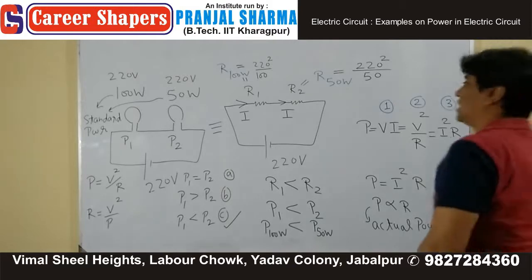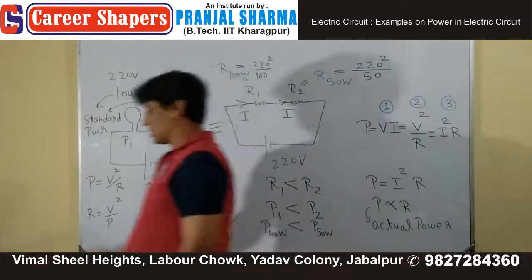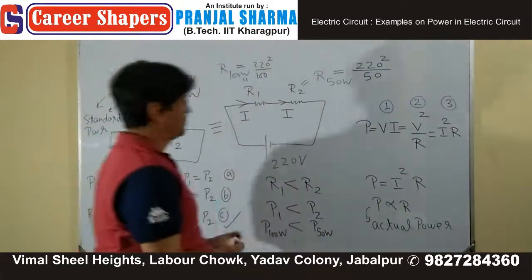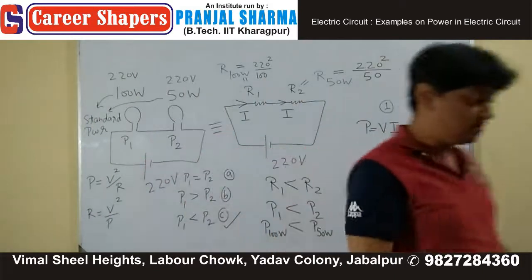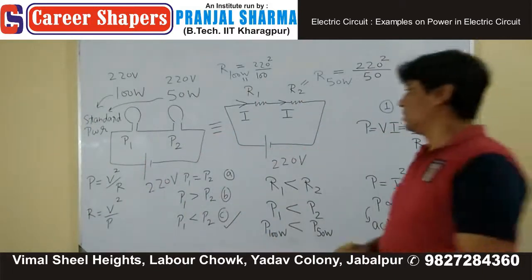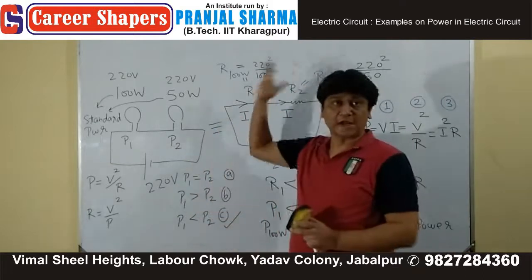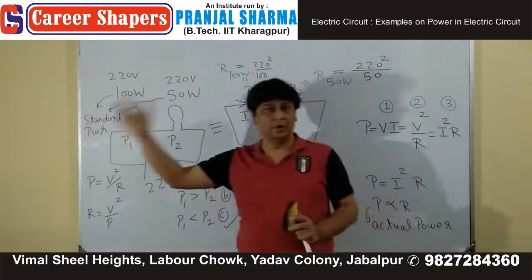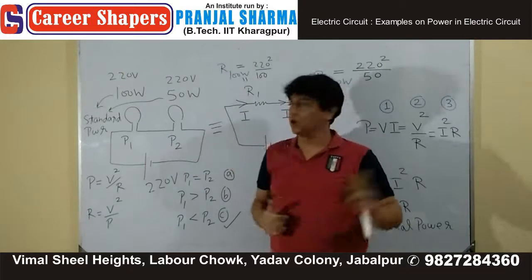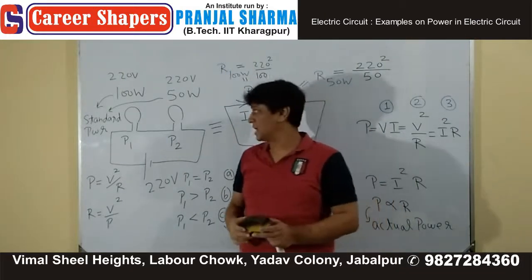Good. In the household supply, things are connected in parallel and not in series. The bulbs, fan, AC and all these things are connected in parallel.